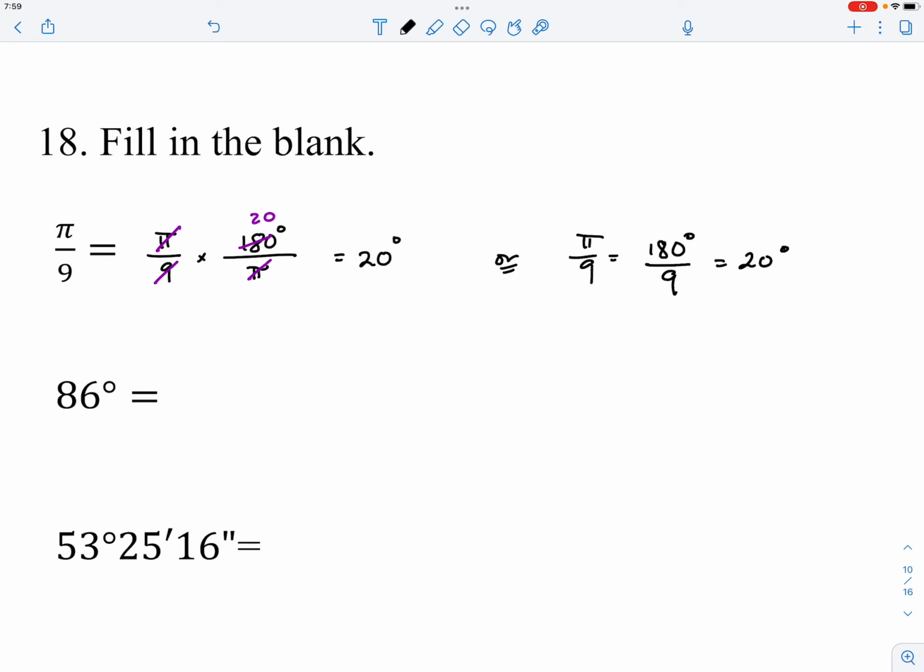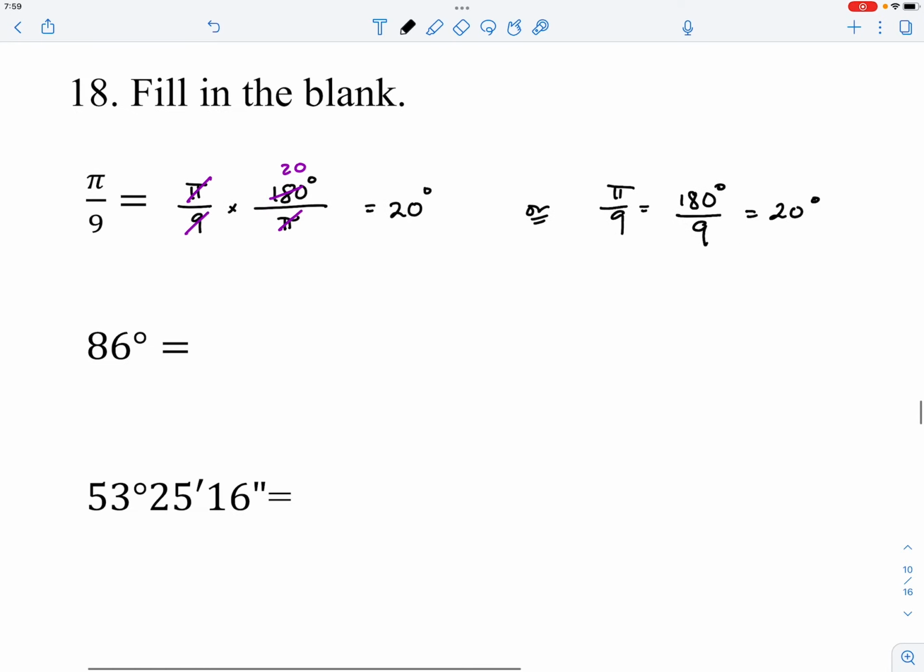And then we want to change the next one. We want to change the 86 degrees back to radians. So we say 86 degrees times, if you want to change it back to radian, we will have pi on top in the numerator and then divided by 180 degrees. That's how the degrees got canceled out. And then we try to simplify this, 86 over 180.